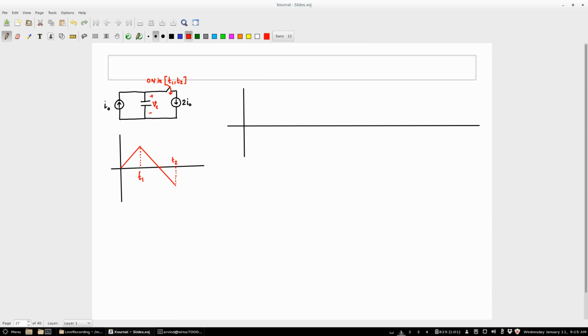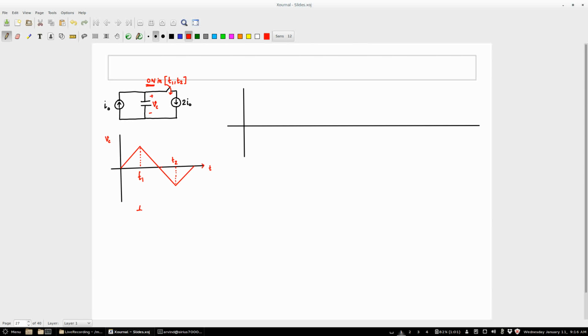Okay, that is not a good symbol, so let's remove that. Okay, this is on in this interval of t1 to t2. You will now get a discharge.